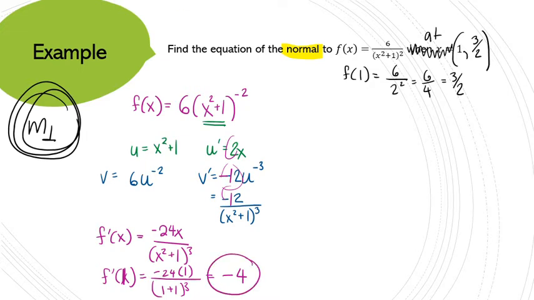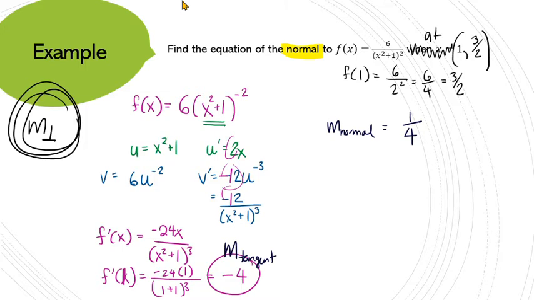Let's label this. This is the slope of the tangent. Just so we don't take it with us, we need the slope of the normal. So we are going to take that negative 4, we are going to find the reciprocal by inverting it, 1 over 4, and when it was negative, we make it positive, so there it is, we're done.